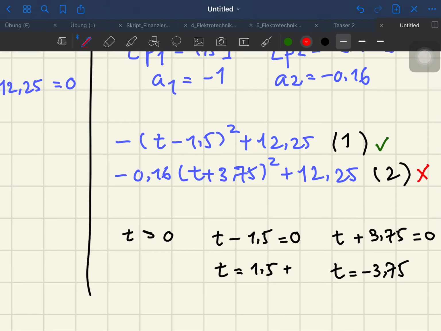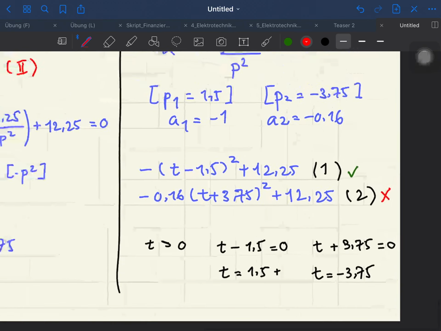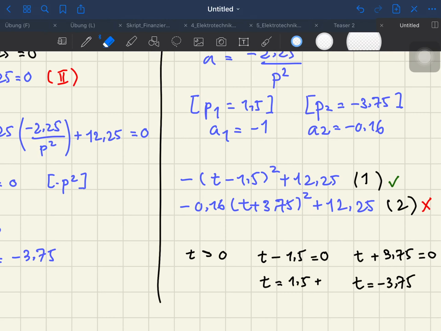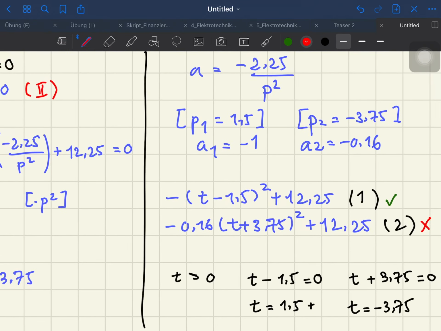We do not have negative time, so pair 2 is wrong, and hence we use pair 1 as our answer, which is the function of x(t). Recall back, it equals this projectile equation. And QED.